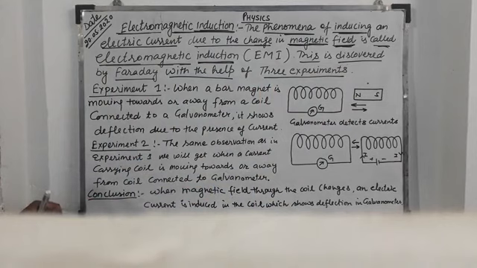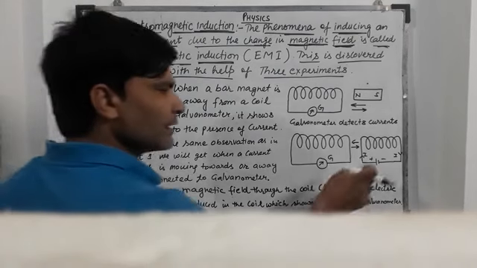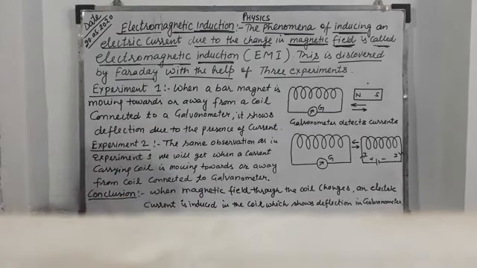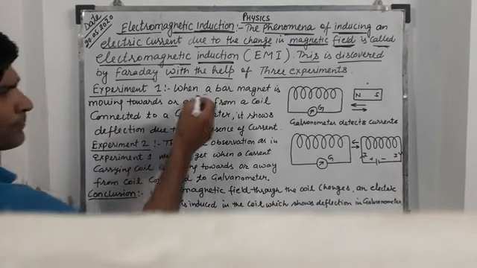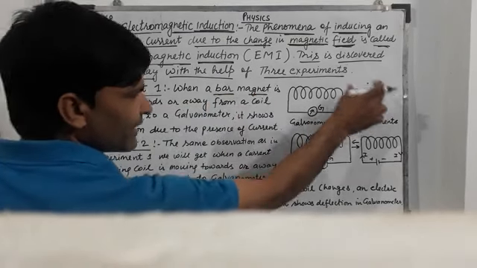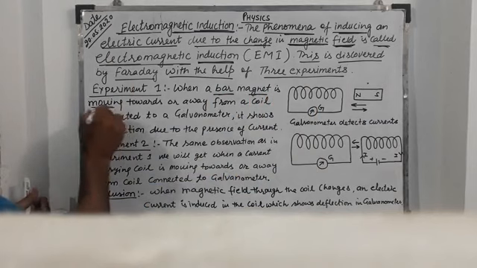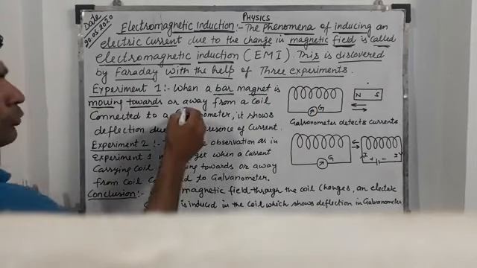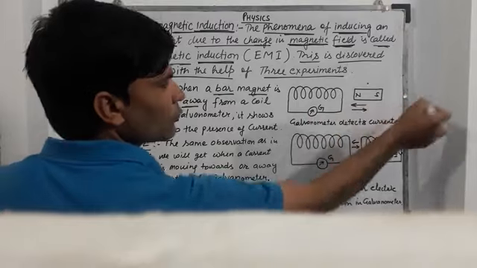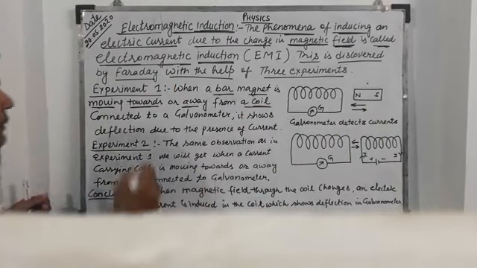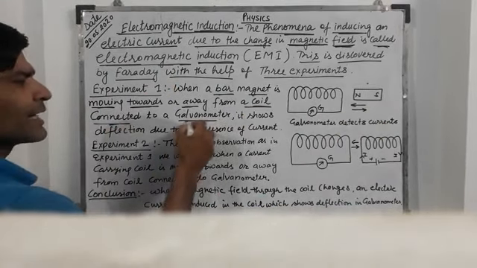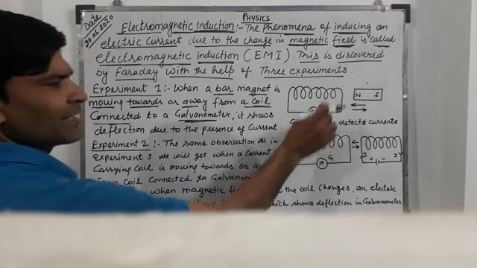Here we discuss only 2 experiments, because the third experiment is also done with the help of experiment 2. The first experiment is when a bar magnet is moving towards or away from a coil connected to a galvanometer.